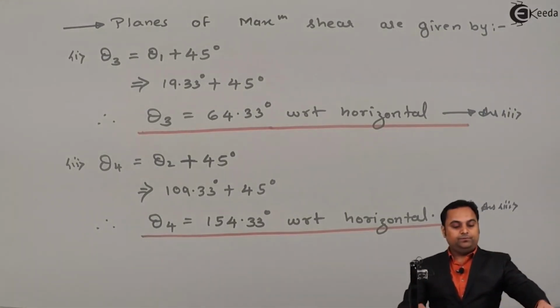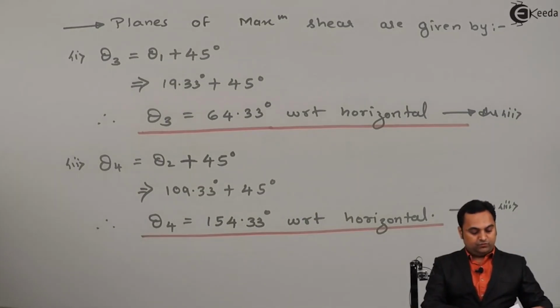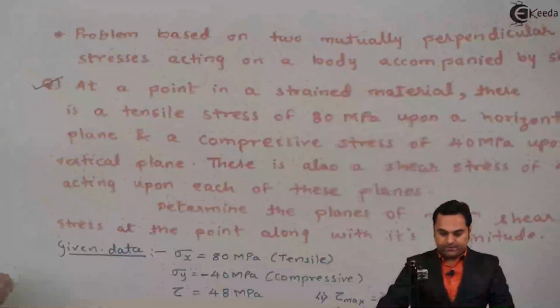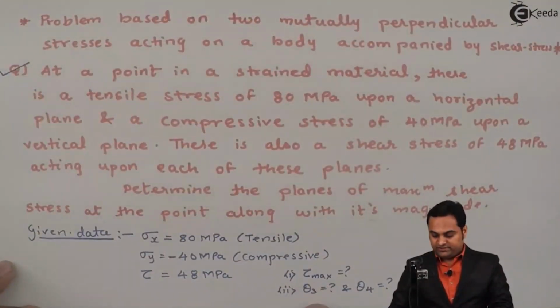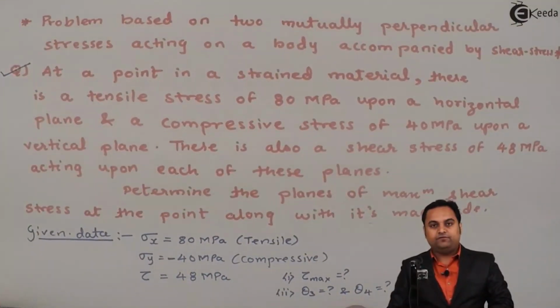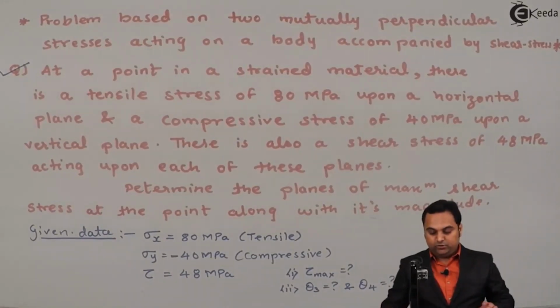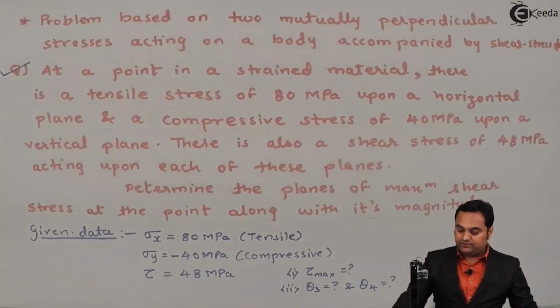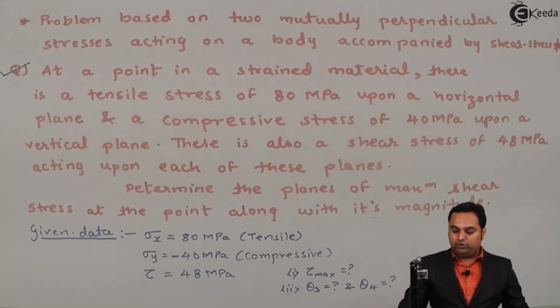Now if we look into the problem, the question was to calculate the maximum shear stress and the location of maximum shear stress, that is the location of planes which carry the maximum shear stress. So we have found out all the values.